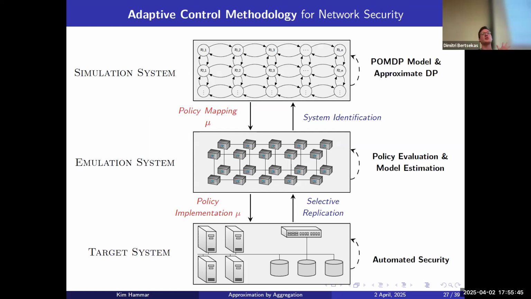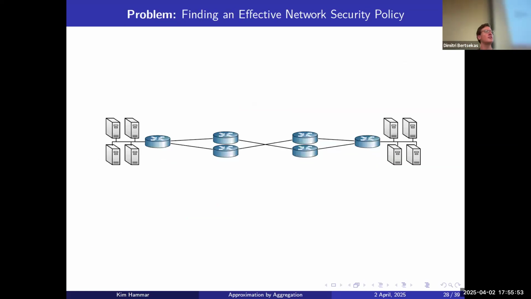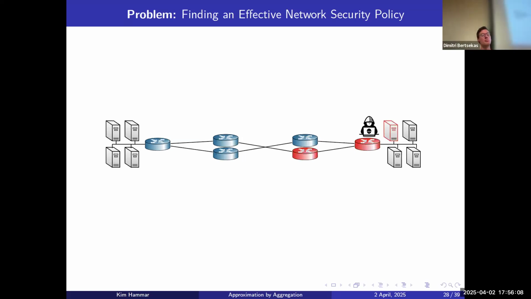But before that, are there any questions about this method? Good. So we will focus on a particular target system that consists of a set of interconnected components that jointly provide a set of network services to clients, for example, web services. And some components may be compromised by an attacker.